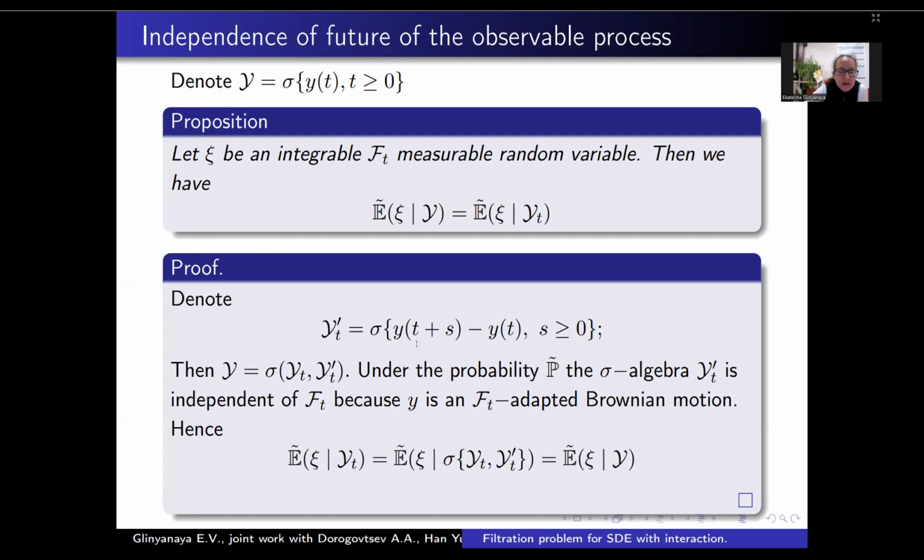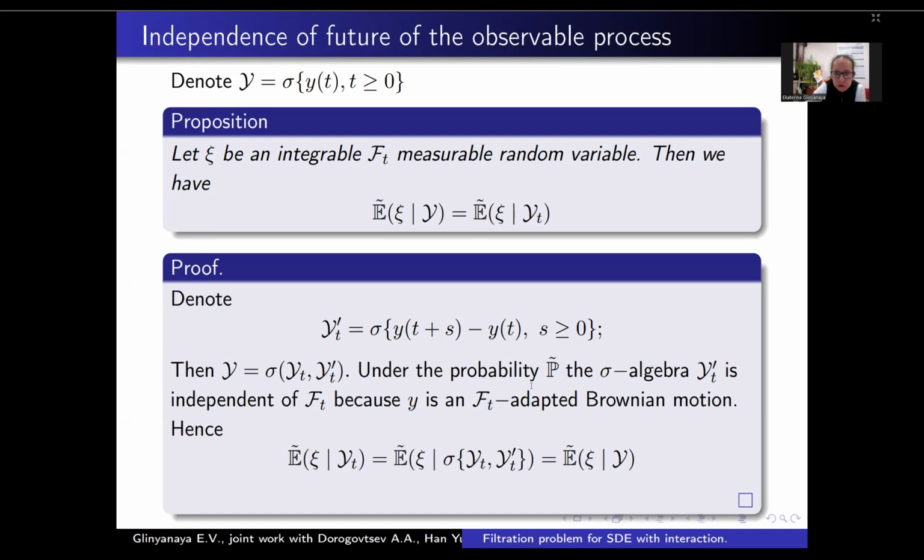How can one see this? If we consider the sigma algebra generated by increments, then the sigma algebra y will be just the sigma algebra generated by the sigma algebra up to time t and the sigma algebra of increments after time t.